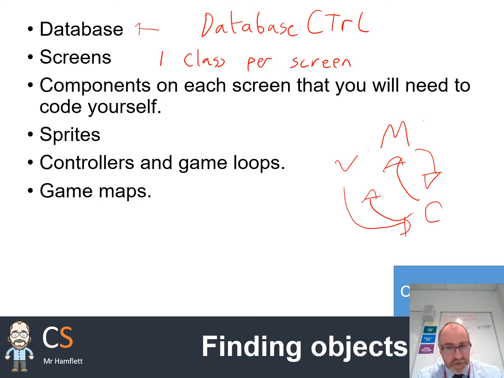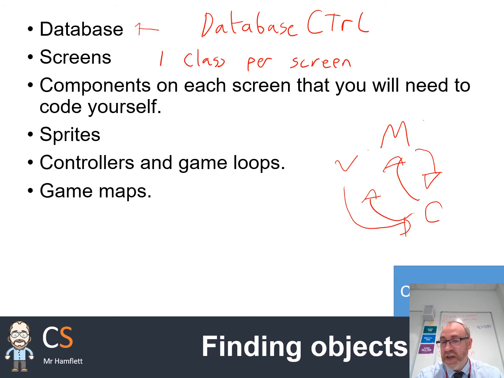If there are any components on the screen that you have to code yourself, this one is going to be a bit more dependent on your project. There might be something very custom that you have to develop, maybe something like a webcam, I don't know. That may be the case, may not be the case.